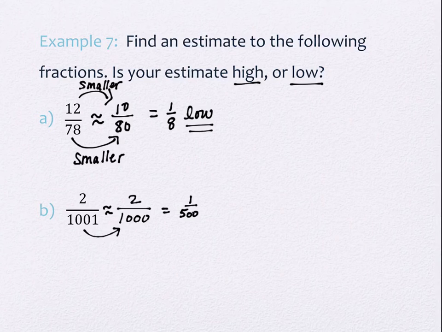What effect does that have on the whole fraction? It makes it larger. If the denominator becomes smaller, you're dividing by fewer pieces, like taking 2 cakes and dividing them among 1,000 people instead of 1,001. So it makes the whole thing larger, which makes this a high estimate.